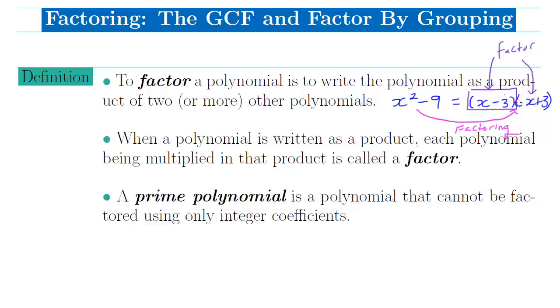So the polynomials being multiplied together are each called factors. So unfortunately, not all polynomials can be factored. Okay, and when a polynomial cannot be factored, it's called a prime polynomial. Right, so we'll see some examples of prime polynomials as we work through the module. But if you cannot factor a polynomial, it's called prime.